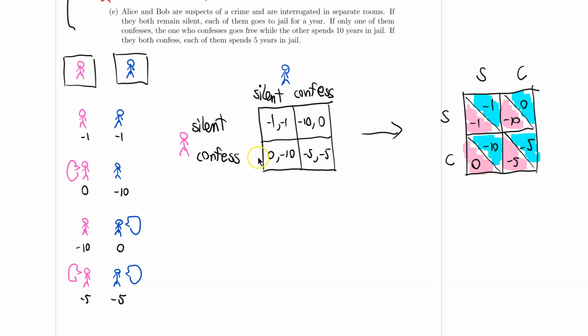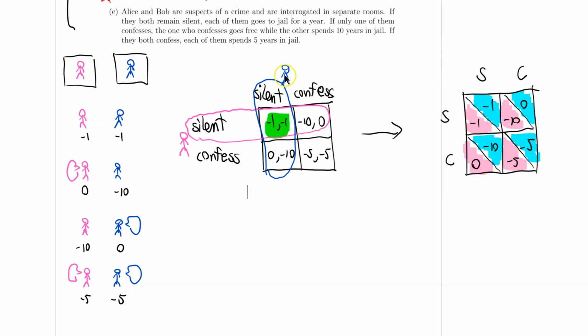So now let's try to analyze this game. You can see that the best option is for them to remain silent, so they just go to jail for 1 year. But let's analyze this: Alice remains silent and Bob remains silent. Is this a Nash equilibrium?